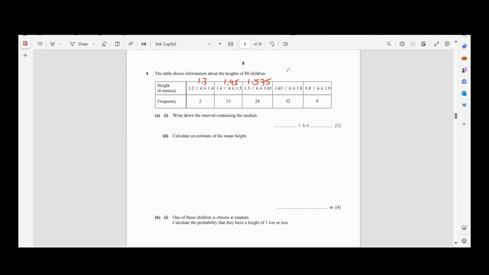And 1.65 plus 1.8 divided by 2 is 1.725. And then the last middle should be 1.85.